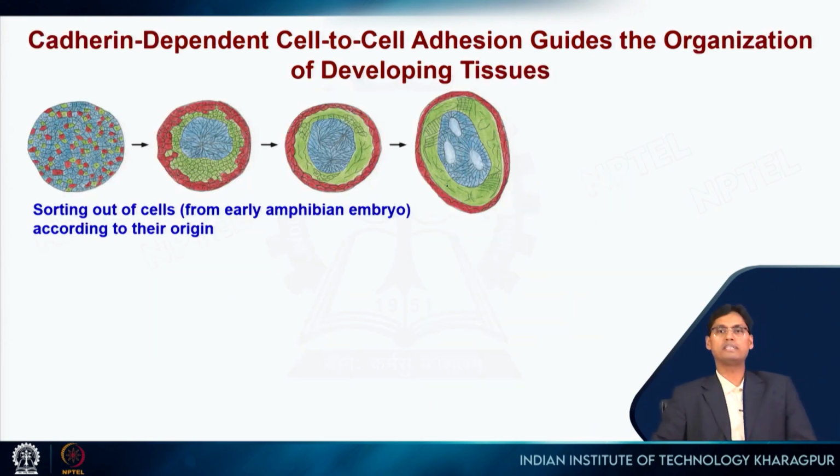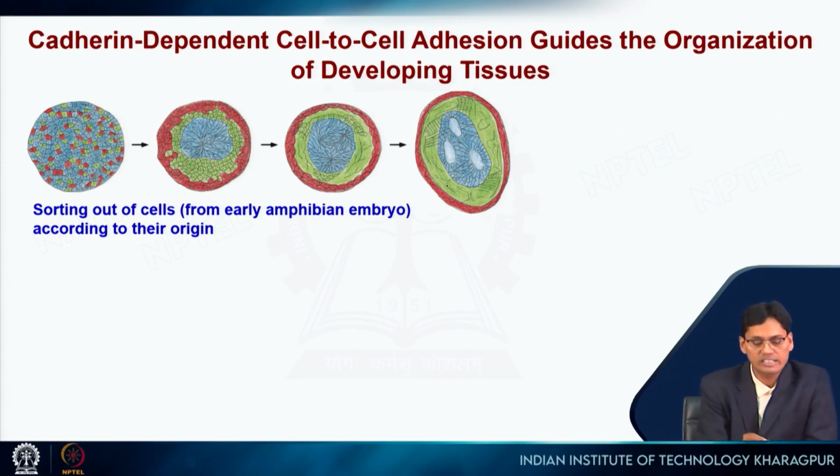Now I am going to discuss an interesting experiment about cadherin and how it helps in the development of tissues. Cadherin-dependent cell-to-cell adhesion guides the organization of developing tissue. In this figure, what you can see is the sorting out of cells.